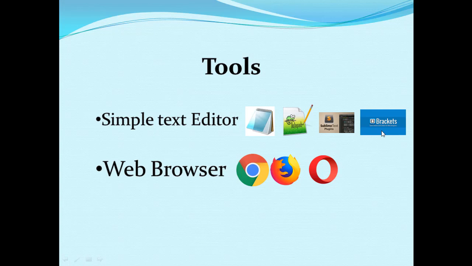You can use any of these as you want, but I strongly recommend you use the simple Notepad, because it helps us remember the syntax of the language. When you learn the basics, then you should move to Notepad++, and then you can go to any other tools which are available on the internet.